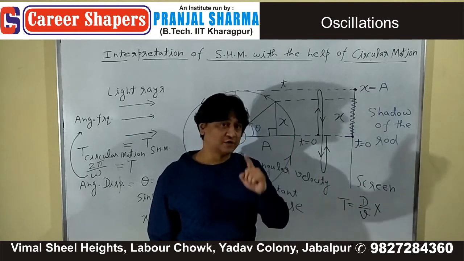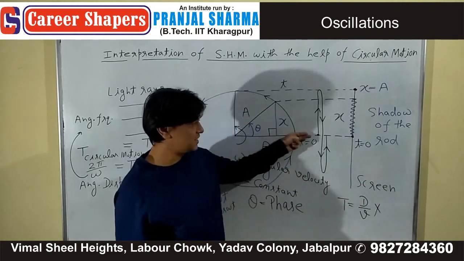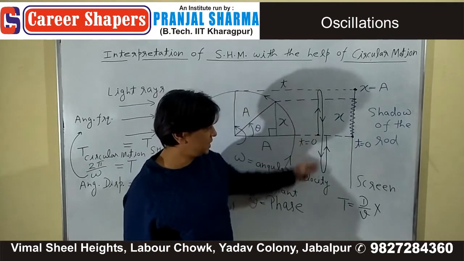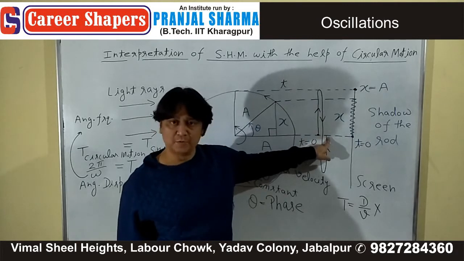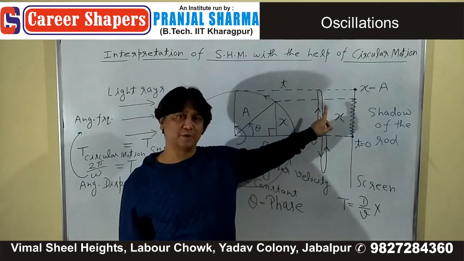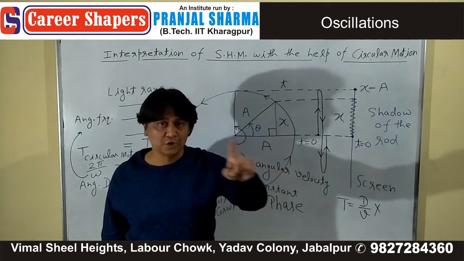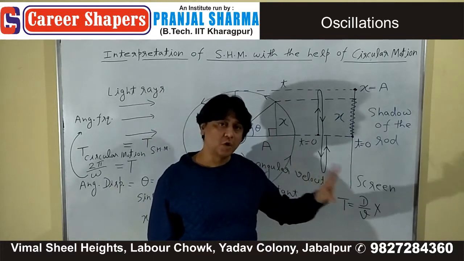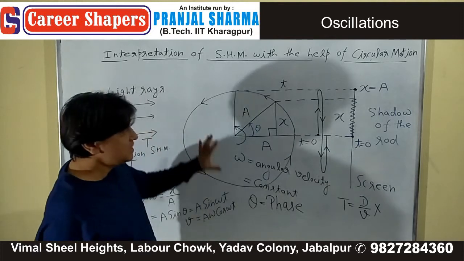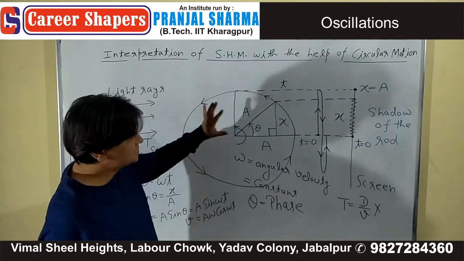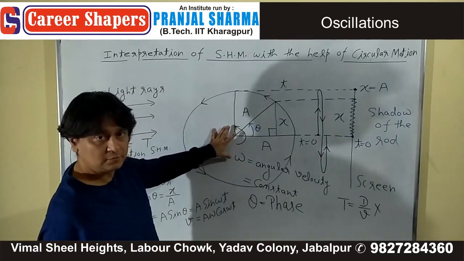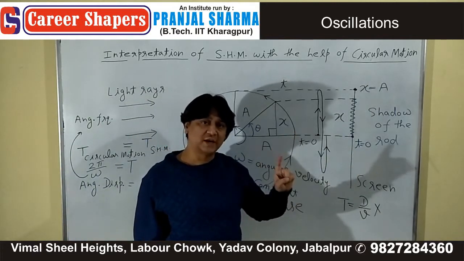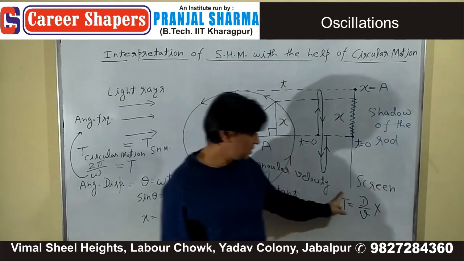When you say that phase is 0, the object is just starting its S.H.M. Once you say that phase is 360, the object is again at the mean position, going up for the positive amplitude, but you know that it has completed one full oscillation. This is the advantage of circular motion if you want to understand simple harmonic motion. The basic advantage lies in this part.